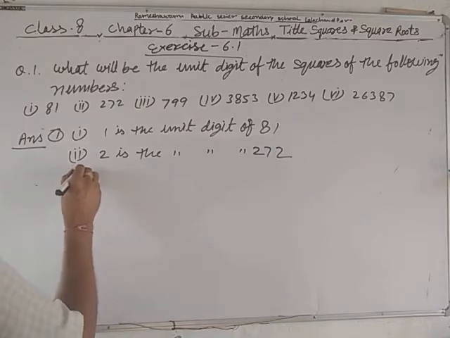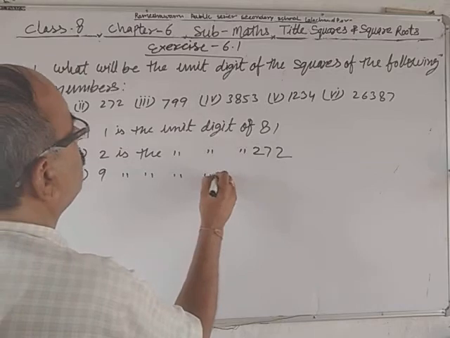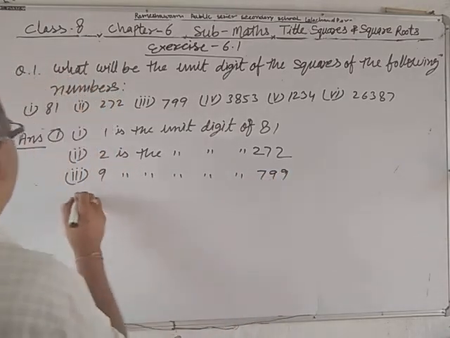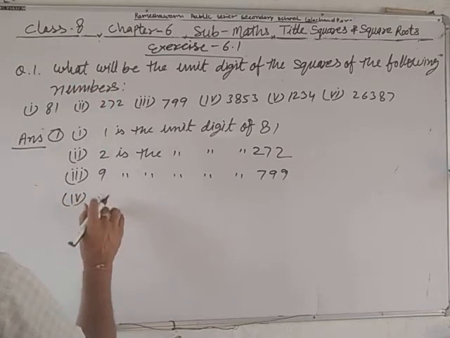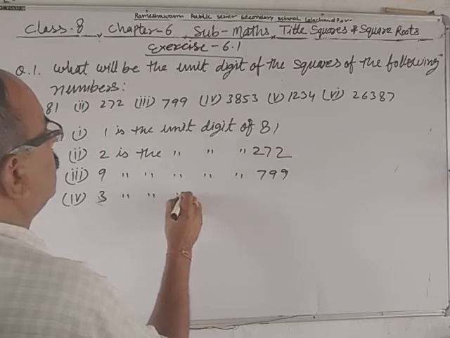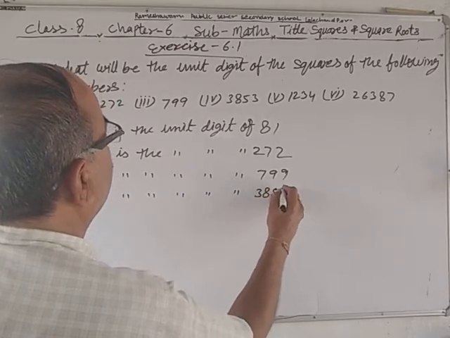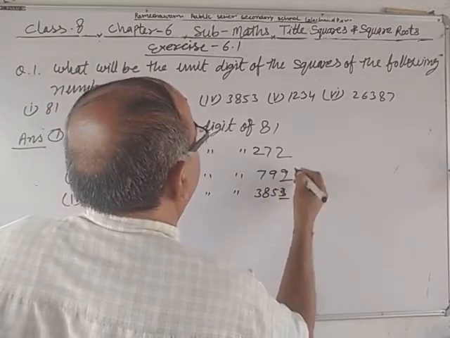Third, 9 is the unit digit of 799. The fourth, 3 is the unit digit of 3853. This is unit digit, this is unit digit.